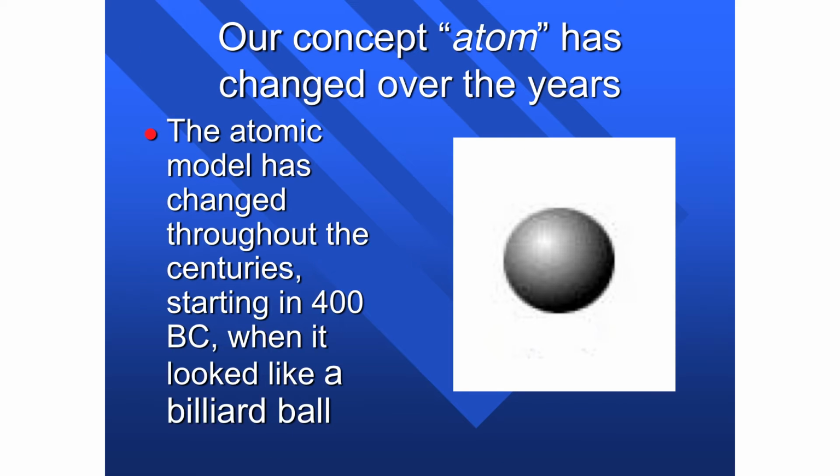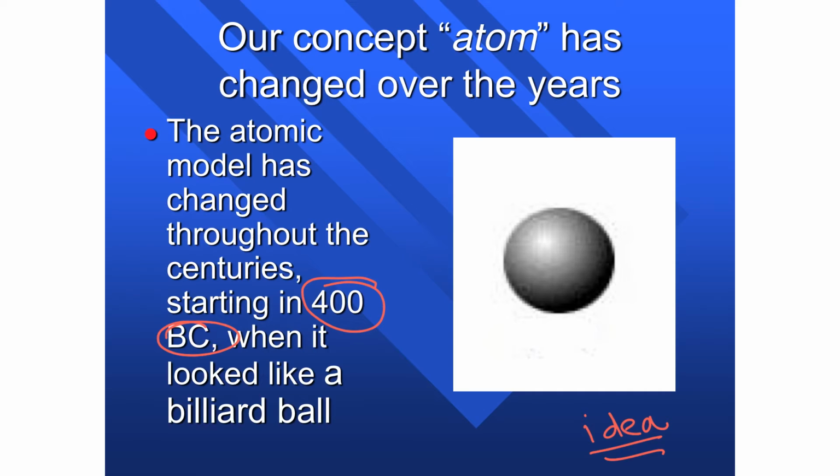So the idea of what an atom looks like, our model of an atom, has changed a lot over the centuries. But starting in 400 BC, somebody had an idea of what an atom looked like. And that idea was not tested because this person was a philosopher and not a scientist.